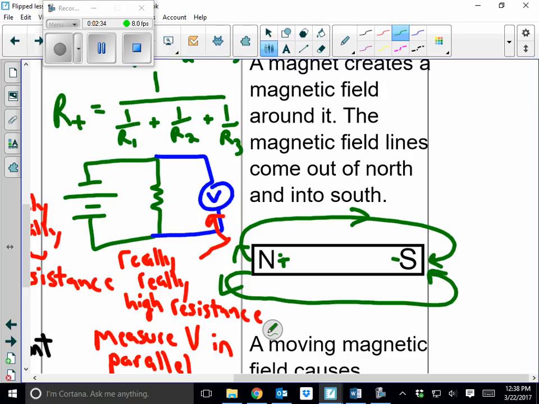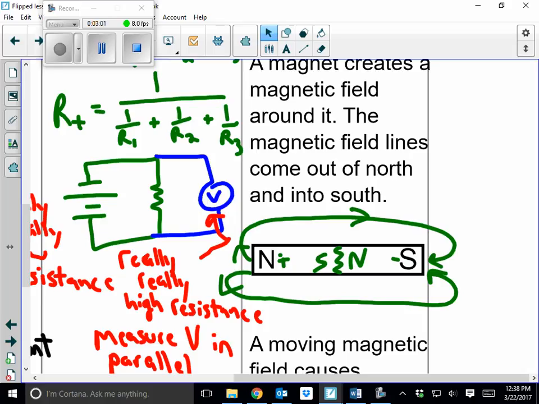Now, here's what's really cool about a magnet. If you've ever played with a magnet, when you break it, one side doesn't become non-magnetic. What ends up happening is it becomes north and south again. If I were to break this magnet down the middle, the north side would stay north, but the opposite end of the magnet would now become south.